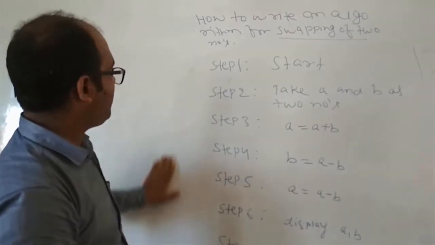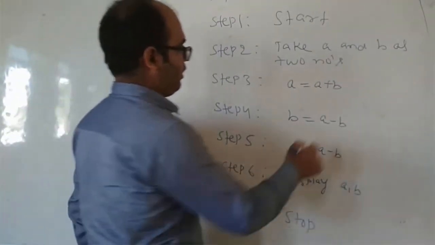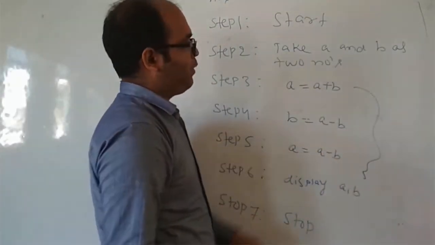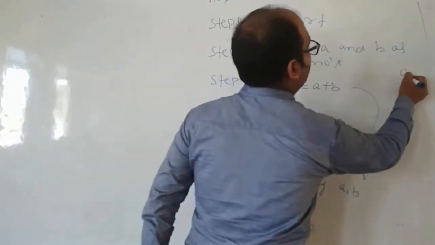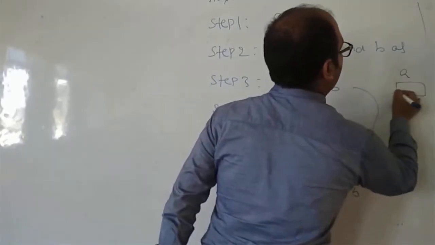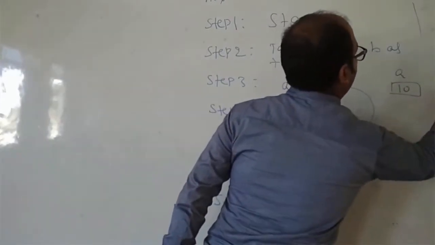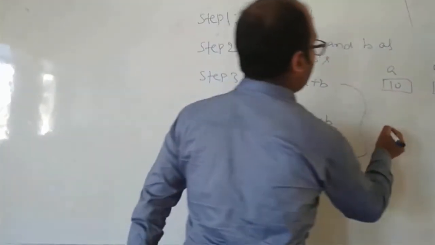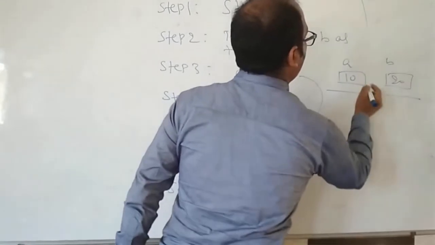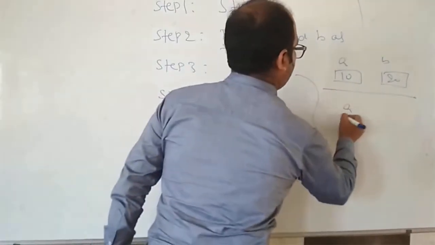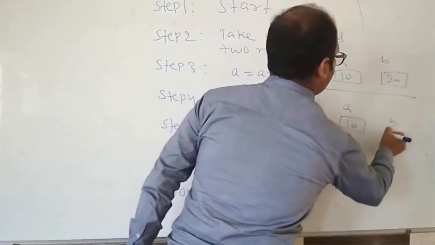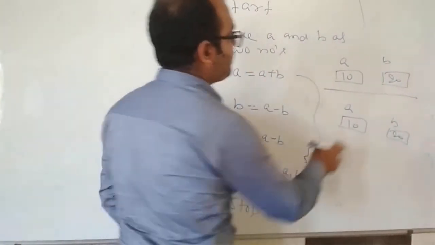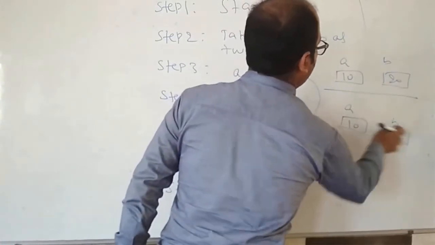So how we can say whether it is correct or not. Come to step number 3, 4, 5. Suppose initially we are taking the value of A and B as 10 and 20. Step 3, A equal to A plus B, means the sum of A and B, that is 10 plus 20 is 30.